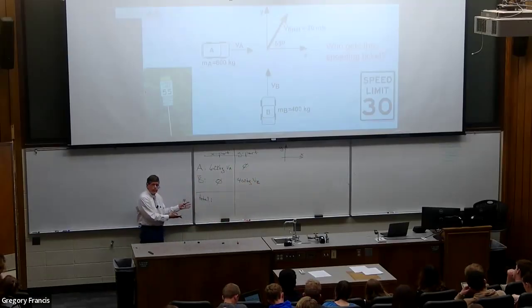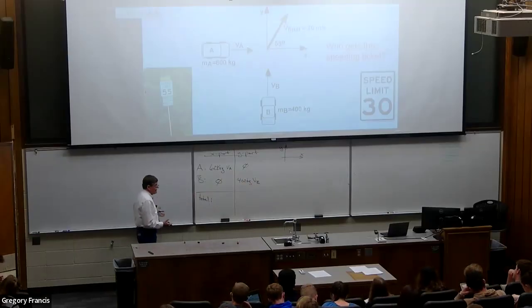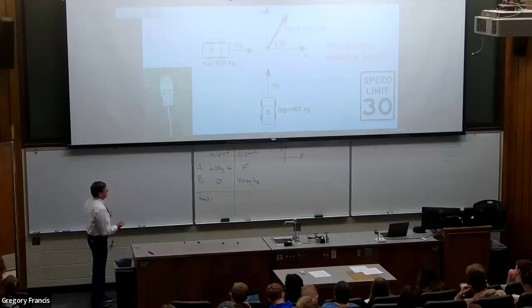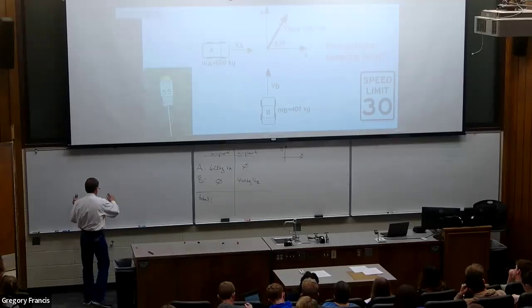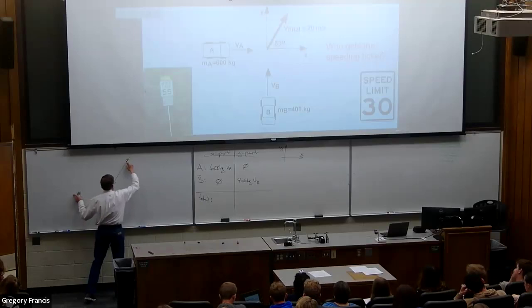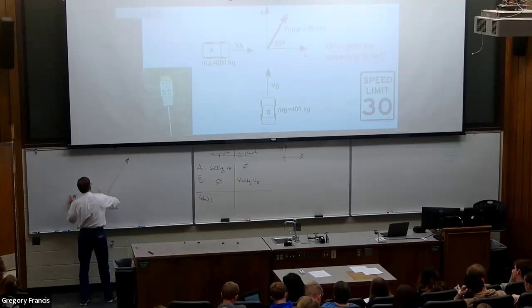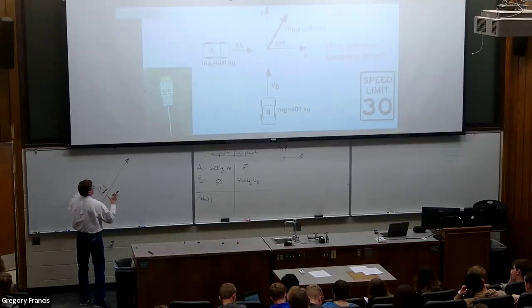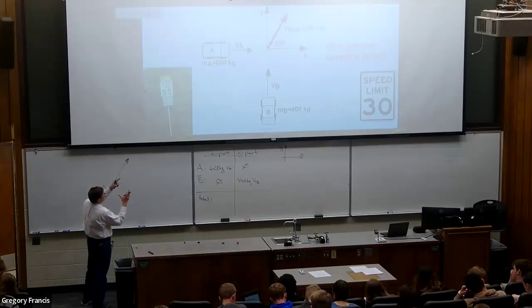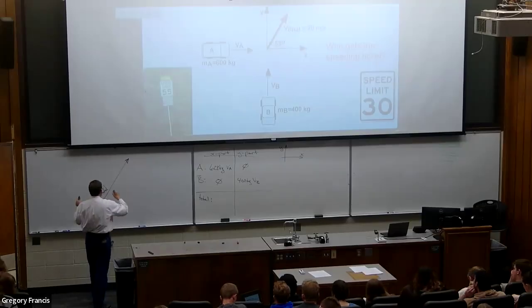Now, because the total momentum is conserved, it's the same before the collision or after the collision. I know what it is after the collision, so that's what I'm going to use. I've got this momentum total. That's going to be a total of 1,000 kilograms times 20 meters per second.